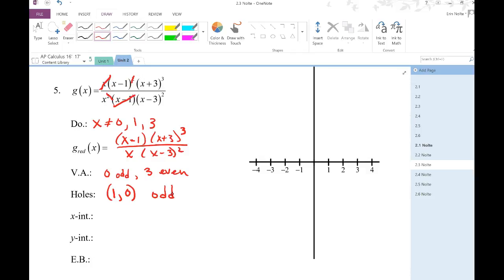Okay. So the X-intercepts. What are my X-intercepts? So you're using the reduced version now. Yeah, right. So the reduced version. So 1 and negative 3, right?